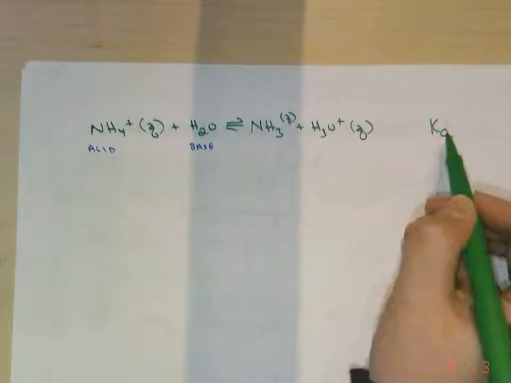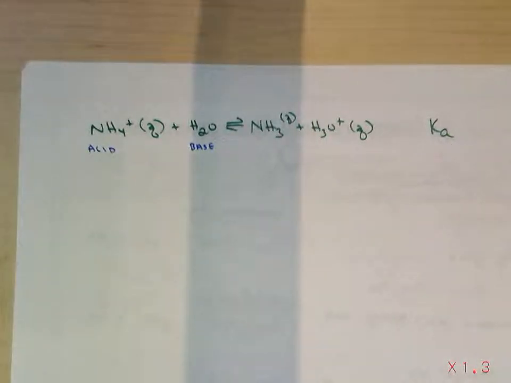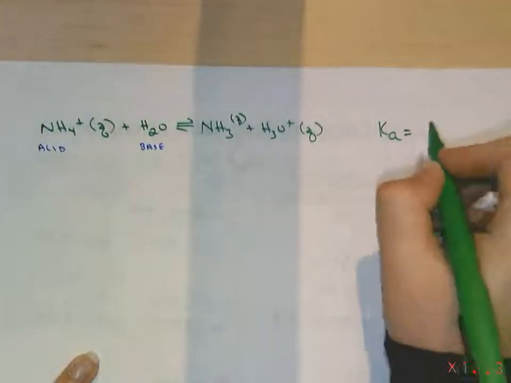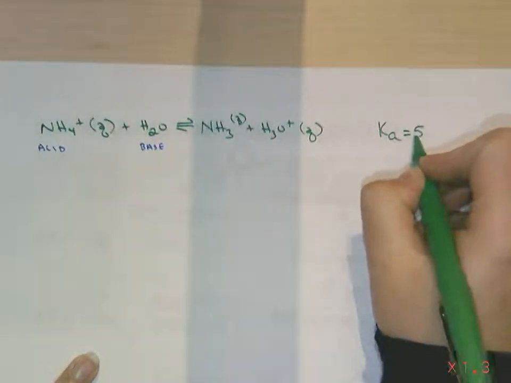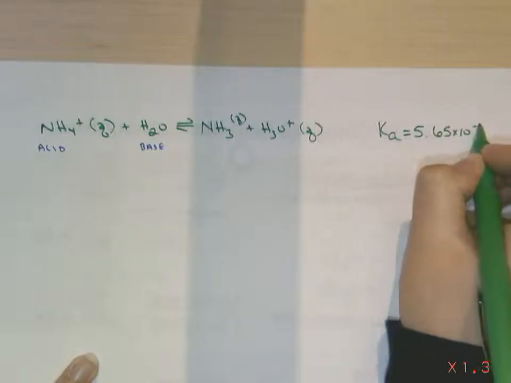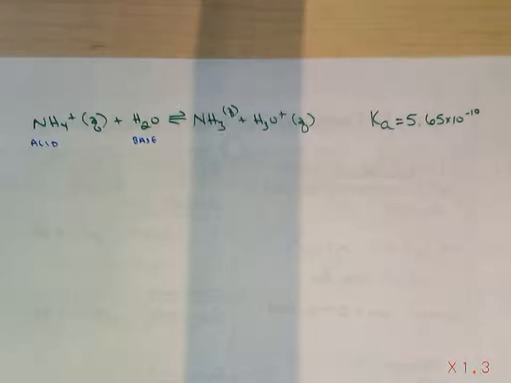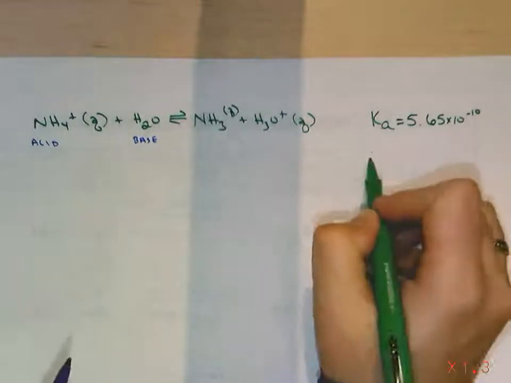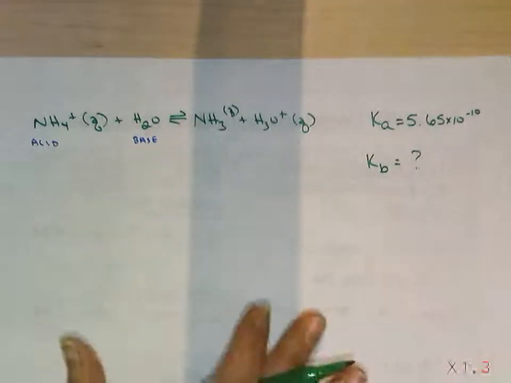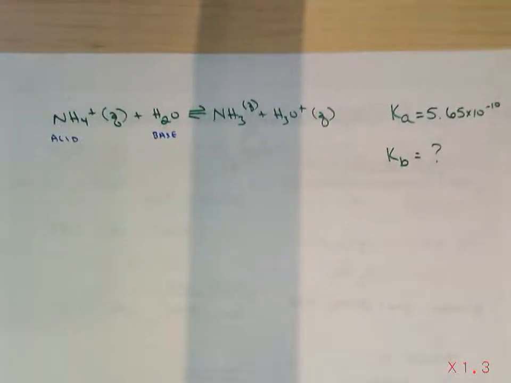All right, so the Ka for this reaction is 5.65 times 10 to the -10. Now we're going to look for the Kb, but we have to figure out what the Kb reaction is. So if I already used NH4+ as the acid, what do I have to start off with to make this the base reaction?